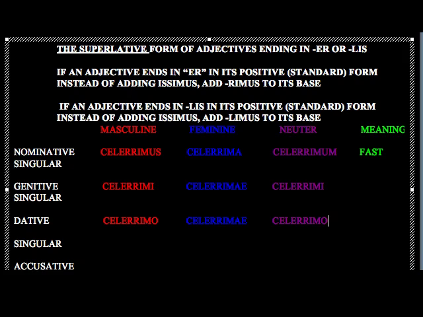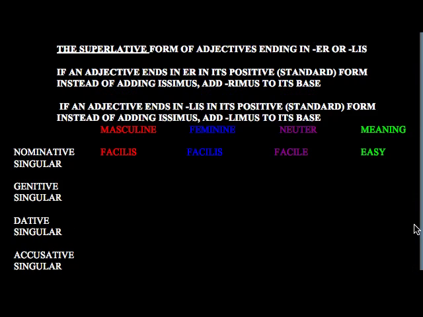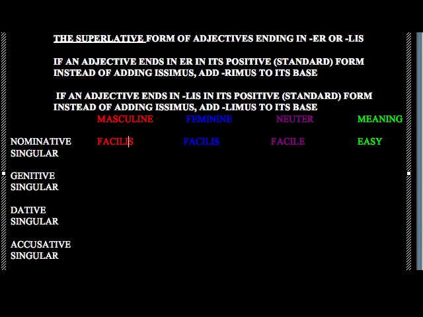Now, adjectives that end in lis, like facilis or difficilis or similis, are similar. Instead of adding issimus again, you're just going to add limus to go with that L sound. So we'll try another one on the next page. You have facilis, and that's just going to become, well, facilis, facilis, facile.